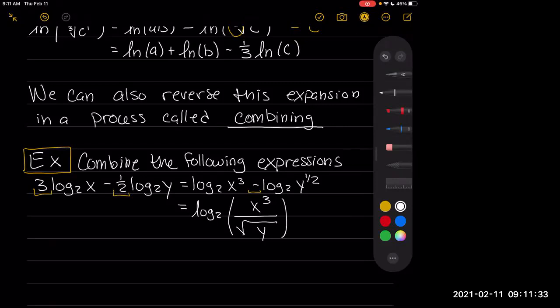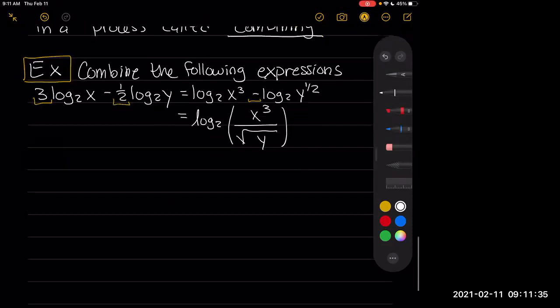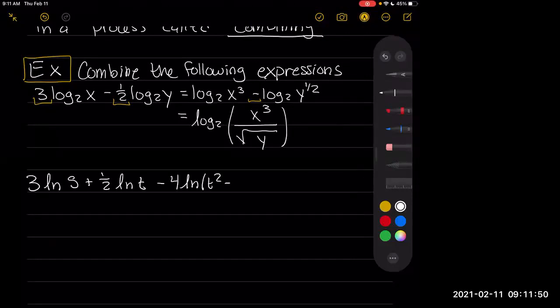And now we're going to look at another example. If we look at 3 the natural log of s plus 1/2 the natural log of t minus 4 the natural log of t squared minus 1.